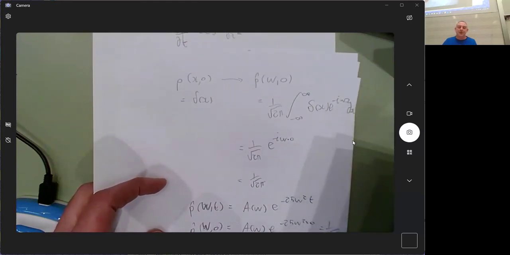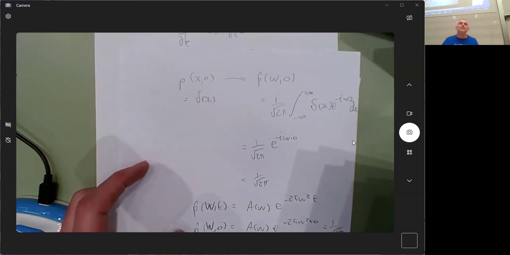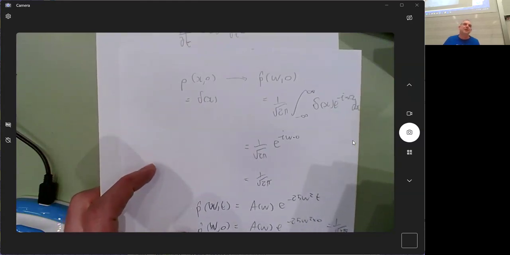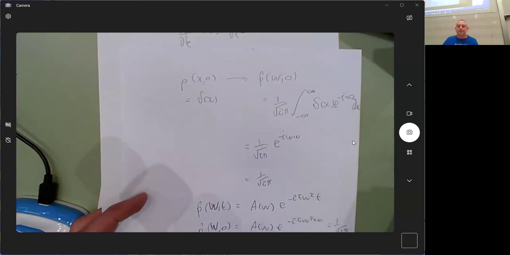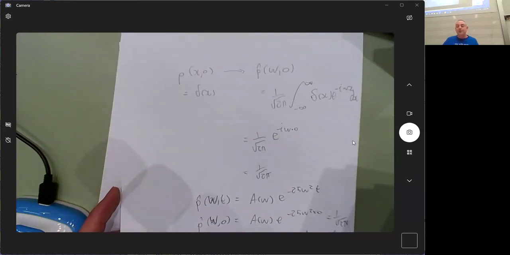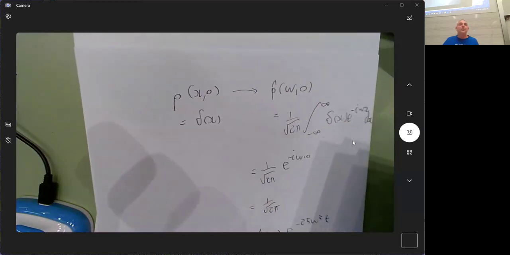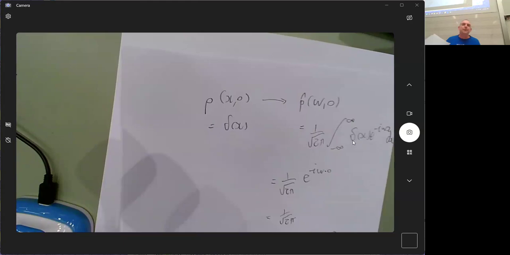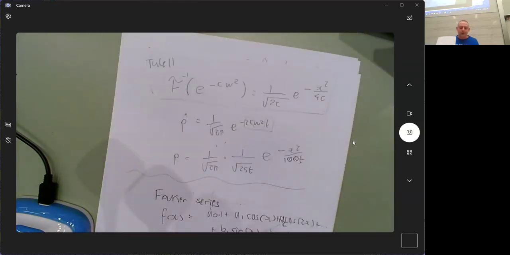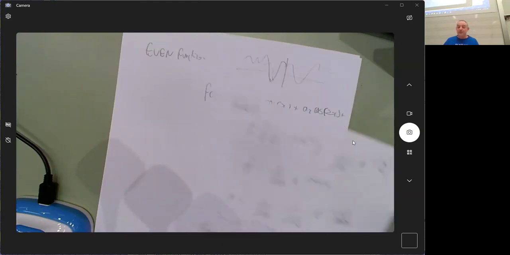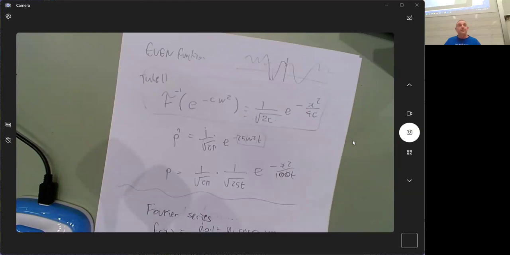The Fourier transform of delta x is 1 on root 2 pi. So that's the best one I can do. And also that any function that they give me that isn't 0 at the two ends isn't going to work. So that's what I'm going to hold on to. I'm going to hold on to it tight, because everything else, the closer I look at it, the worse it gets.